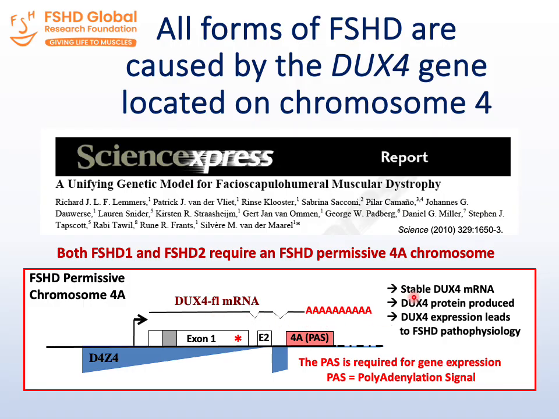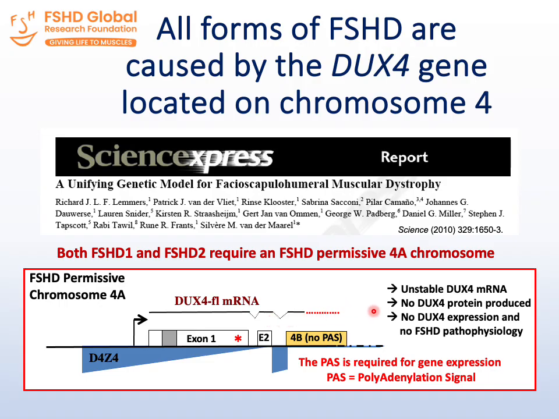This makes it stable. It's required for protein expression, and then DUX4 protein expression leads to FSHD pathophysiology. So you need this PAS sequence. And so if you're 4B, regardless of whether or not you have a repeat or not, you do not have this polyadenylation signal. So if DUX4 mRNA is made, it is not stable.